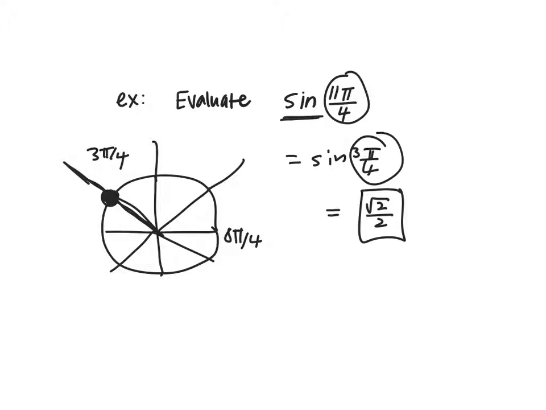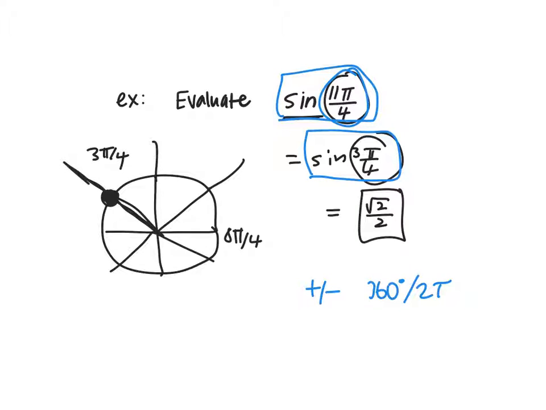The other way you could figure out that sine of 11 pi over 4 is equivalent to sine of 3 pi over 4, because that's easier for us to do, is just to find the coterminal angle of 11 pi over 4. Recall that you can find coterminal angles by adding or subtracting multiples of 360 degrees or 2 pi radians. So if I have 11 pi over 4, I can subtract 2 pi, which is 11 pi over 4 minus 8 pi over 4, giving me 3 pi over 4.